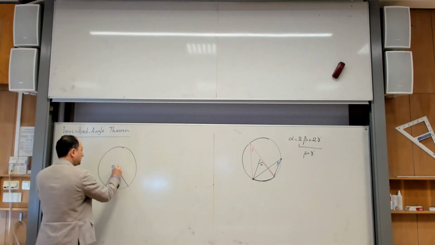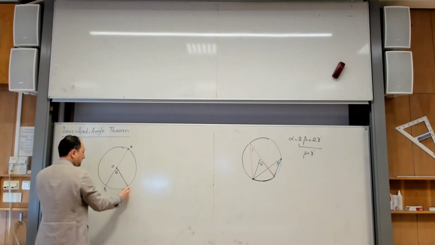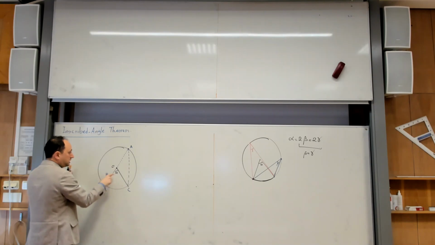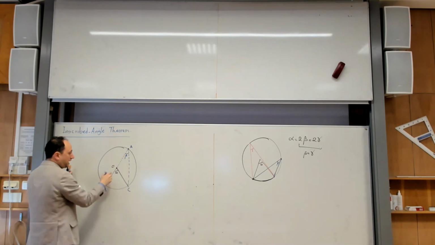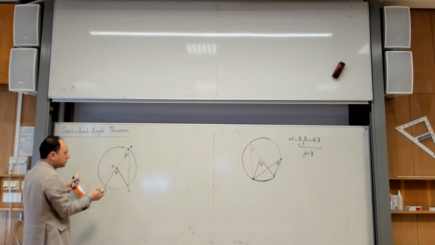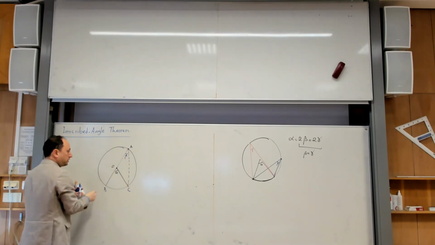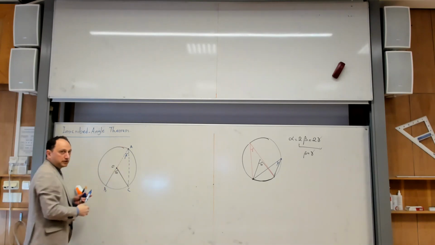Let me just continue this, and I get this point, let me call it A, this is O, this is B, and this is C, and I connect this one to this one. So you see, in this way, you have an inscribed angle beta, you have a central angle alpha, but this doesn't consider all scenarios, because I am considering a very particular form of inscribed angle in which one arm is actually a diameter.